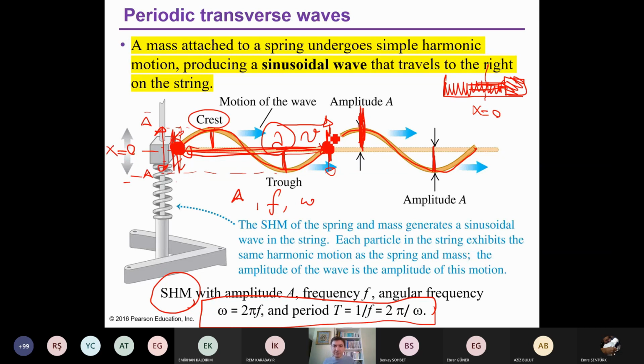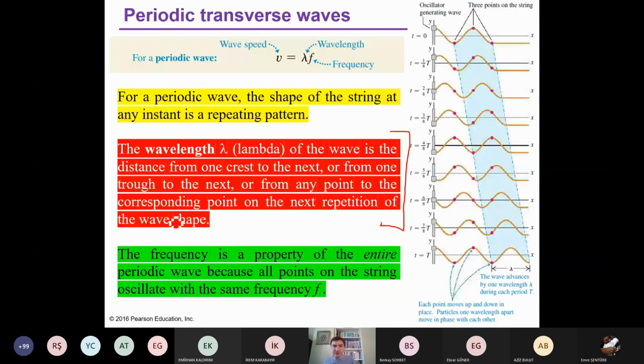So the distance between two troughs gives us lambda, okay? This is the wavelength of the wave. Here we have another piece of information: wave speed depends on wavelength and frequency.